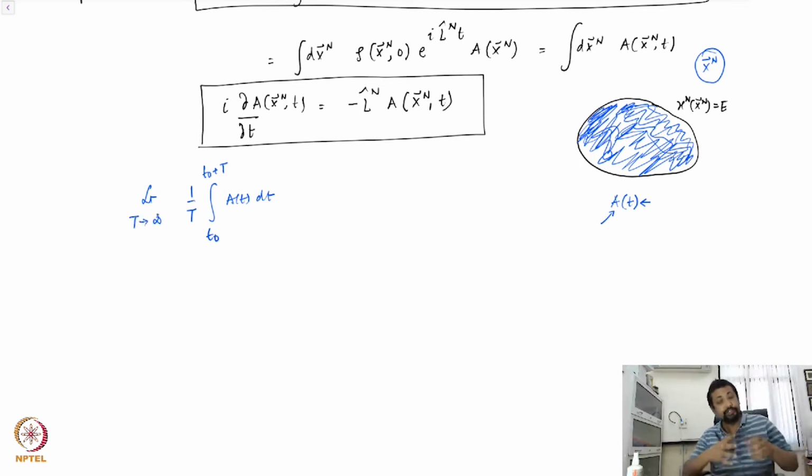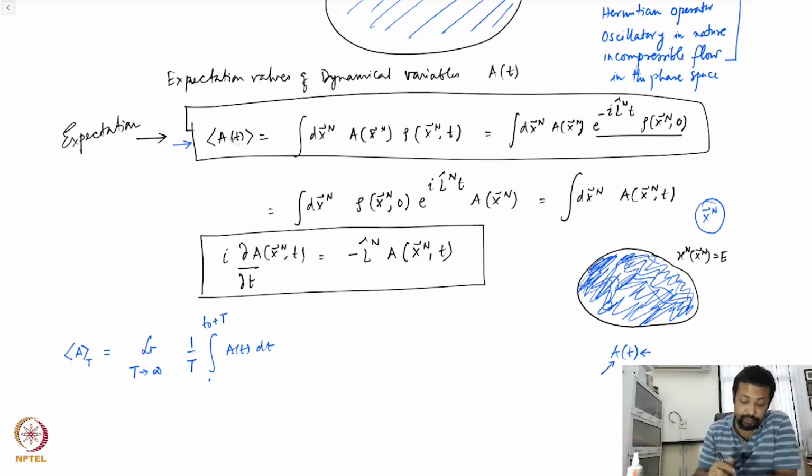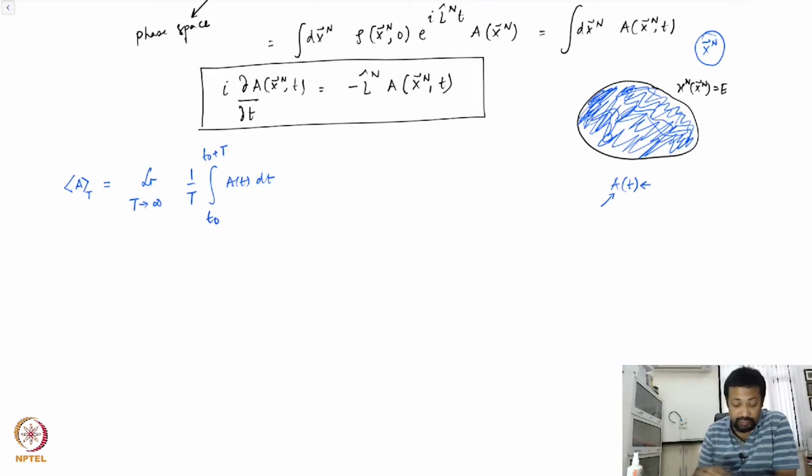Essentially this means that you measure this quantity for a large time window and calculate the average, and this is going to be another average which you'll write down as A of t. So here it is no longer a function of t, but just this. This average is defined in terms of your phase space, because you are using the phase space density over here, and this is purely a time average.